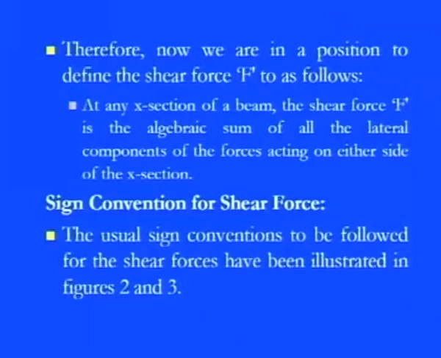So now we are in a position to define the shear force: at any cross section of a beam, the shear force is the algebraic sum of all the lateral components of the forces acting on either side of the cross section. As I told you, in the previous action we were taking the two portions only.